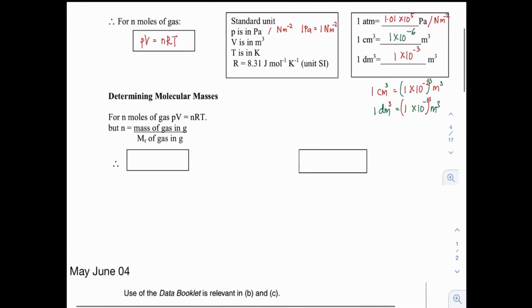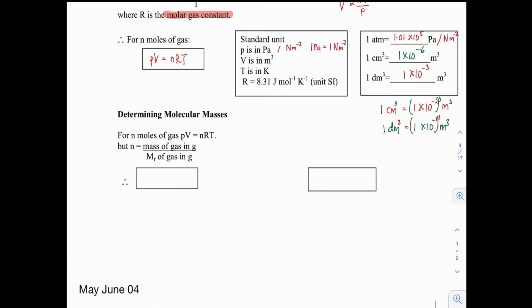The next thing is to determine the molecular masses. For n mole of gas, we know that PV equals nRT. Knowing that n is the number of mole, and the mole calculation is mass of the gas in gram over the Mr of the gas in gram, when we substitute the mole by using mass over Mr, this is what we get.